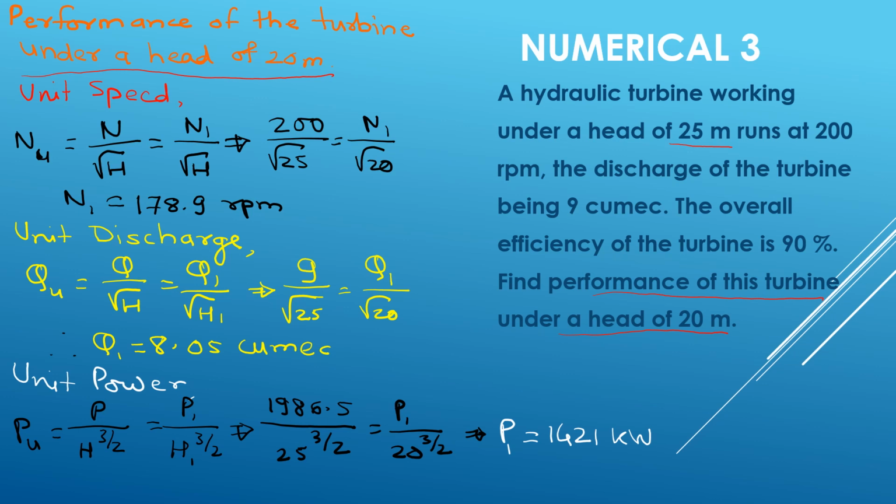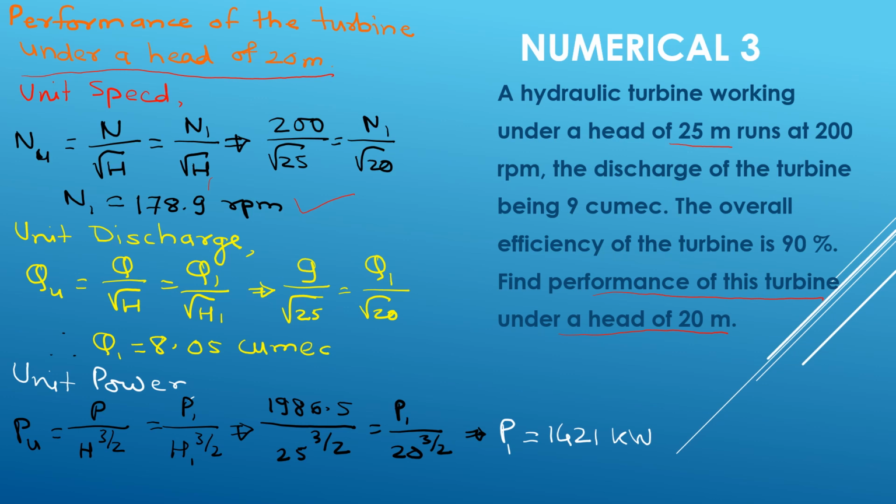Using the expression of unit speed, we know Nu equal to N upon root H equal to N1 upon root H1. So it is 200 upon root 25 equal to N1 upon root 20. So that gives N1 as 178.9 rpm.